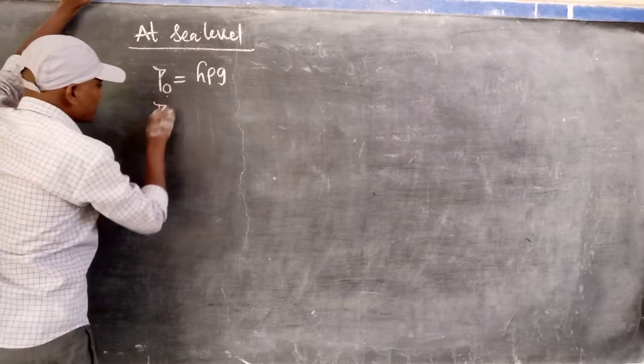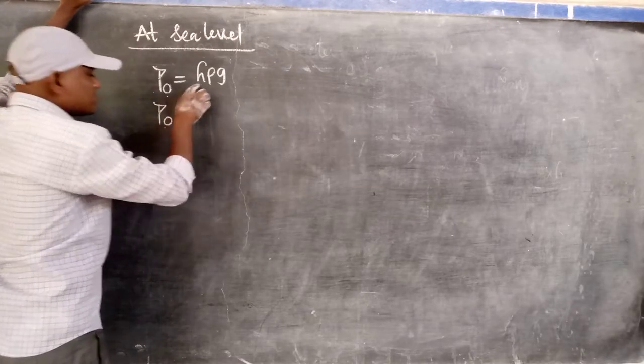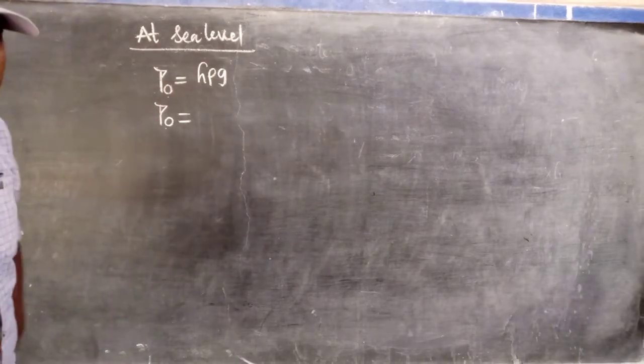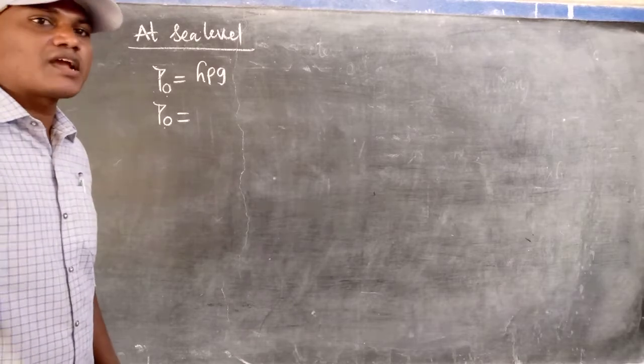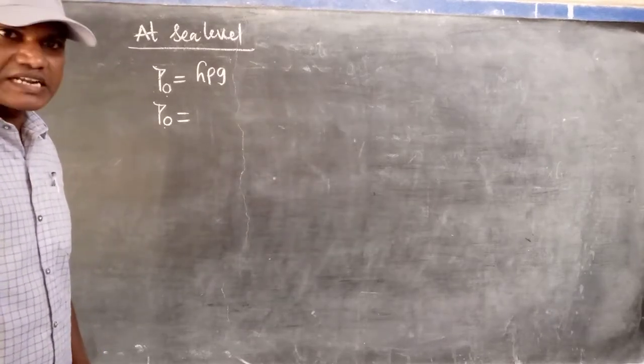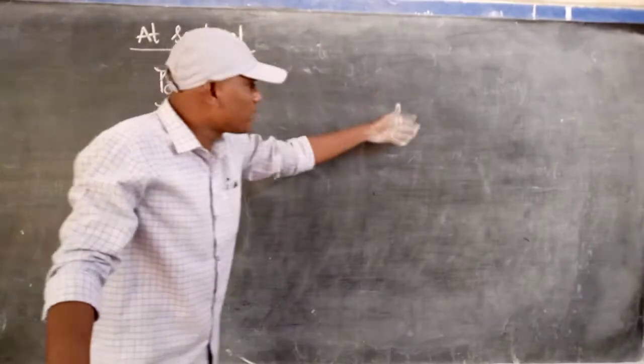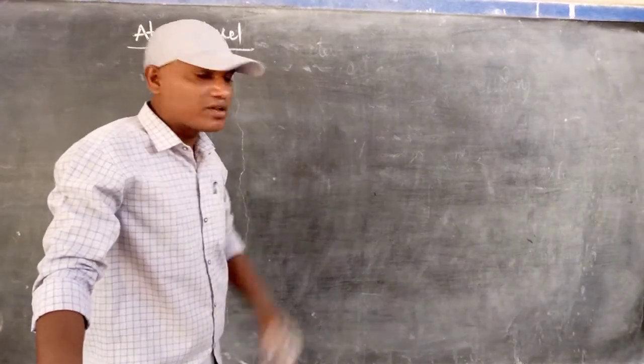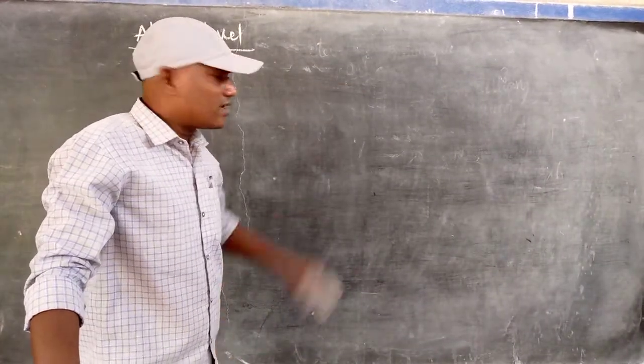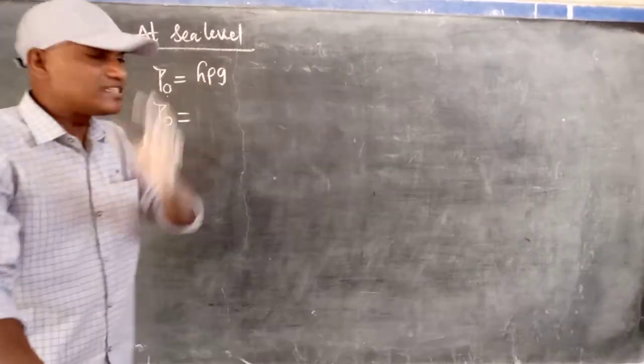P naught is equal to h rho g, where h is the height of the mercury column in the barometer above the liquid level, 76 centimeters.